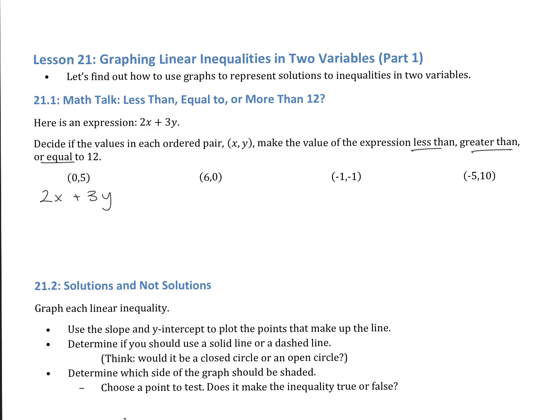The first point I'm testing is (0, 5), which means my x value is 0, my y value is 5. I know 2 times 0 is 0, 3 times 5 is 15, and 0 plus 15 is 15. The question is, is that less than, greater than, or equal to 12? This one is greater than 12.